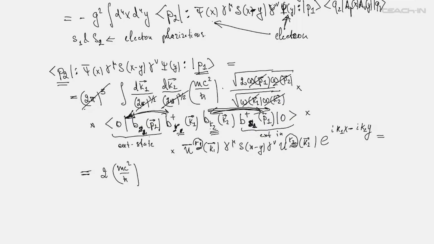What will be left over is the following expression: U bar S2, as I said, R1 will be replaced by S2, on P2, K1 is replaced by P2, gamma mu, S x minus y, gamma nu, U S1 on P1, exponential i K1 becomes i P2 x minus i P1 y.